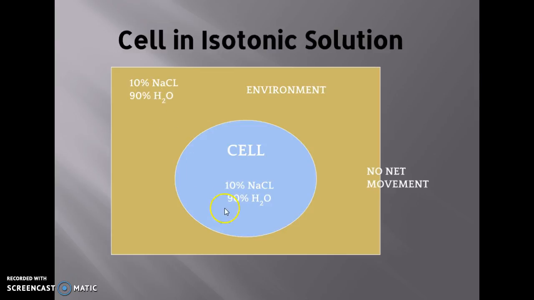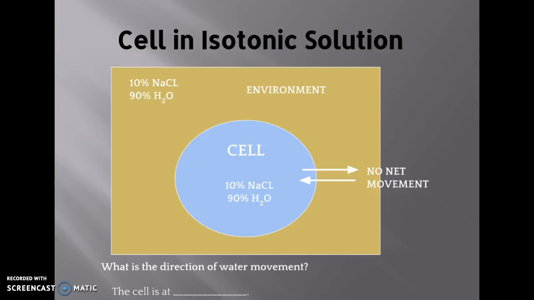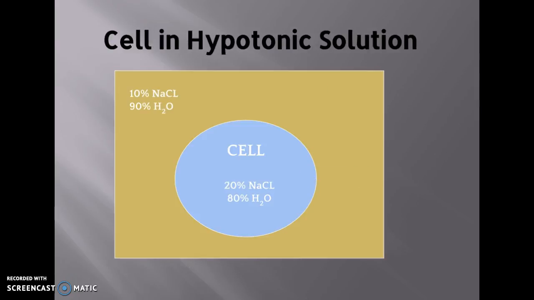And since those concentrations are equal, we're not going to see any movement. We would call this cell at equilibrium because there's no movement in or out.